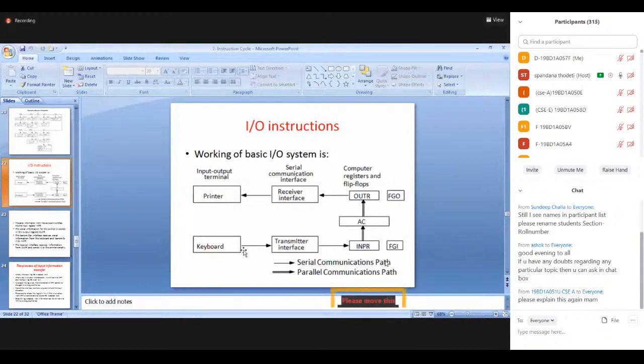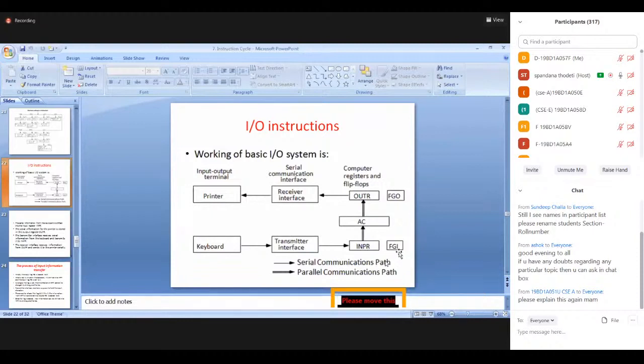Now, let us see how the data transfer will occur. If an input is given from the keyboard, it will transfer through the transmitter interface and be placed in the INPR register. Whenever anything is hit on the keyboard, it will be placed into the INPR register through the interface.